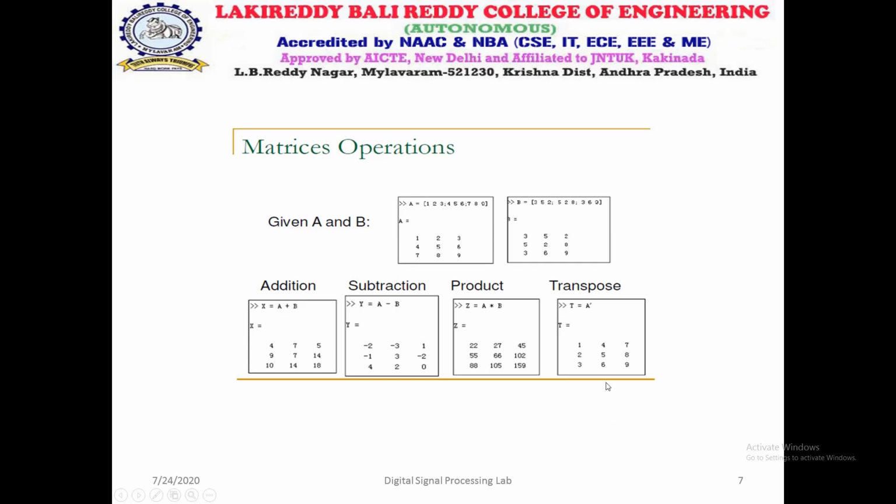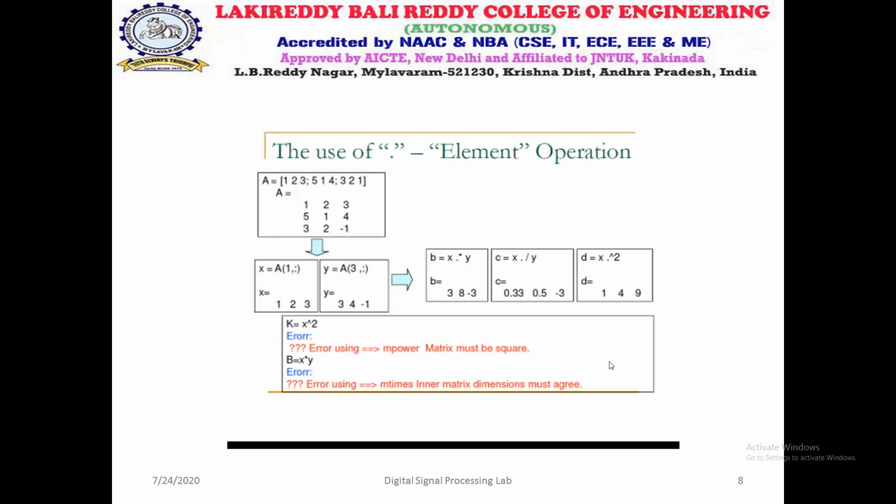And we can have transpose also. Transpose can be given as T is equal to A dash. Similarly, some other things are there. I want to explain these things, basic operations, by using MATLAB software.